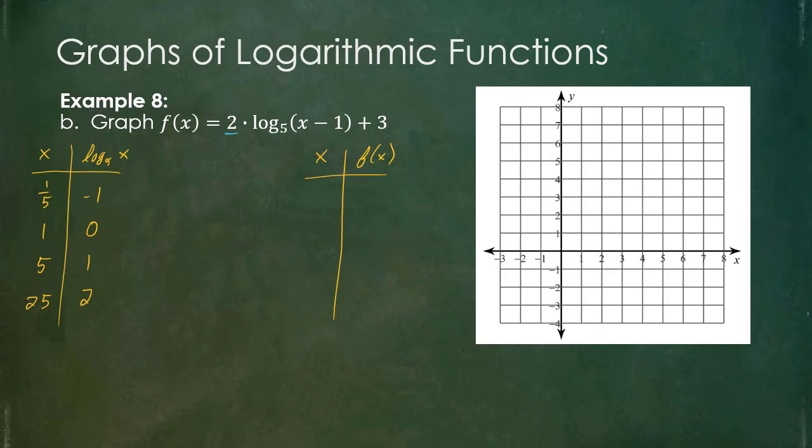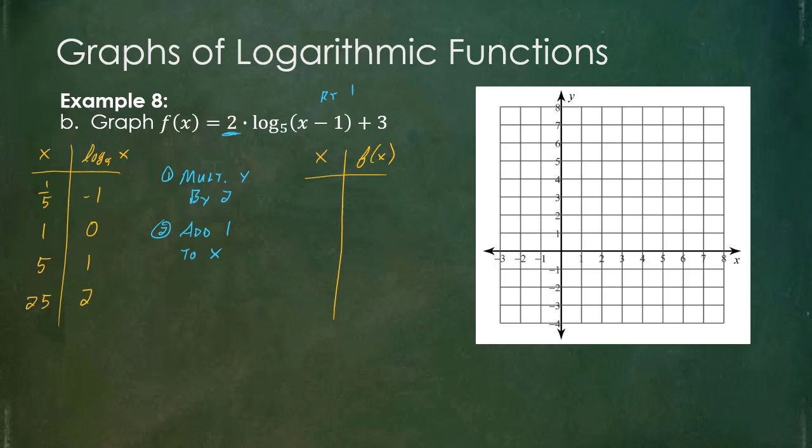So this 2 that's in front is going to do a vertical stretch, so that would be multiply y by 2. That's the first thing I need to make sure I accomplish. The -1 that's on the inside should be a shift to the right 1, so I should add 1 to the x's.